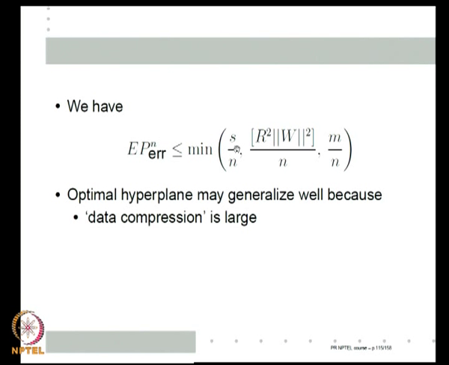S is the number of support vectors, n is the total number of examples I have. If S by n is small, then I know expected error rate is small. So, if only 1% of my data turn out to be support vectors, then I have a good chance that I have got a very good classifier, because expected error rate is bounded above by 0.01.